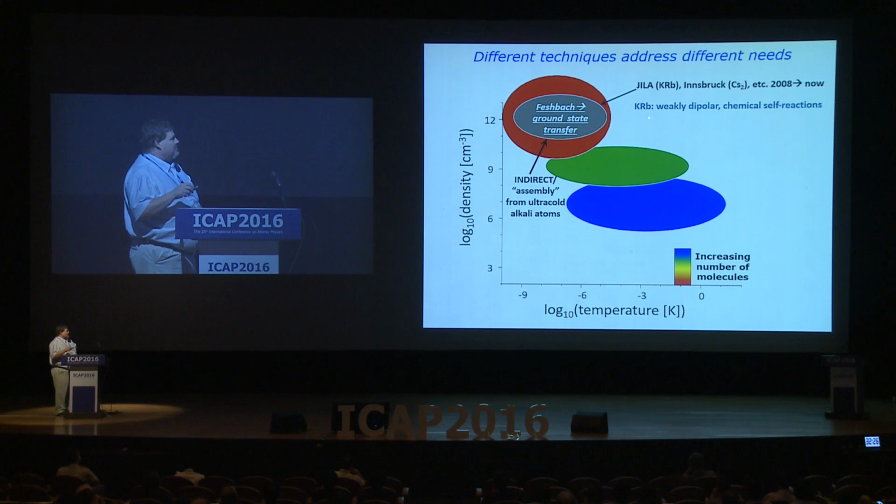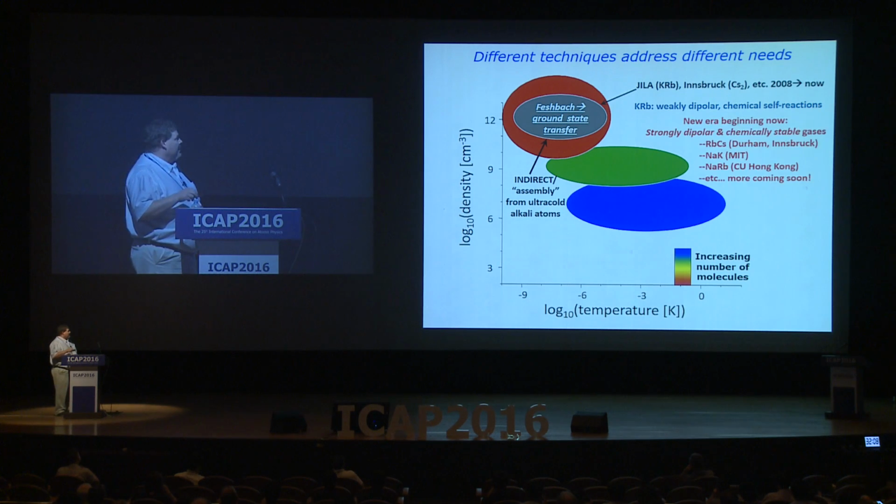It has an exceptionally small electric dipole moment, so the dipole-dipole interactions, while still stronger than for atoms, are not that much stronger. And in addition, KRb is subject to chemical reactions with itself. So doing experiments with a bulk gas of KRb has been extremely challenging. It tends to just react with itself and go away.